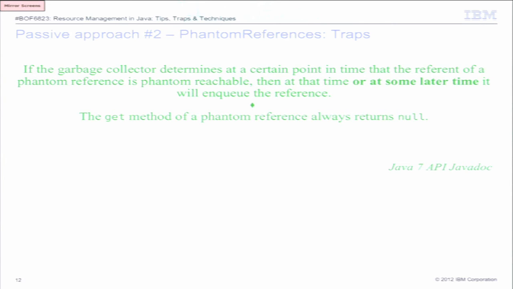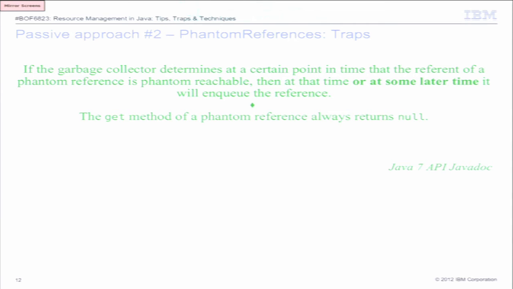The second thing is it says the get method of a phantom reference always returns null. Now, all the other types of references have this get method, and the object that is associated with the reference object when the reference object is instantiated, the get method would normally return a reference to that object.